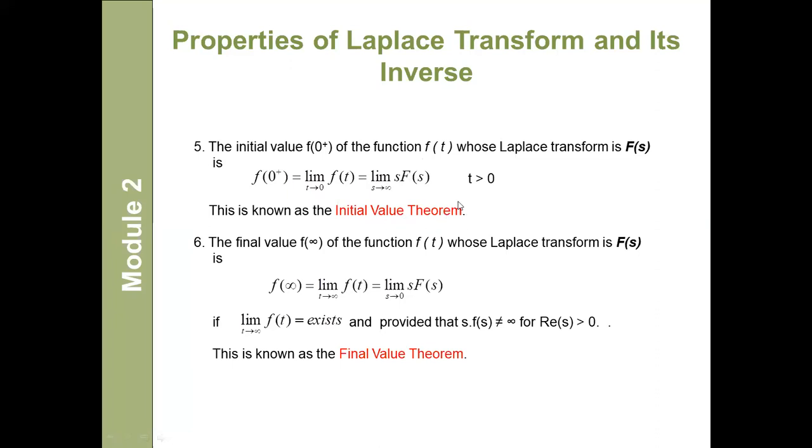And for this theorem, we don't have any limitation. Whatever the corresponding f of s expression is, just multiply it with the s and evaluate the limit as s approaches infinity. On the other hand, when you're provided with the function of s and you want to determine the final value of the function, you evaluate the limit of the product of s and the function of s as s approaches 0.